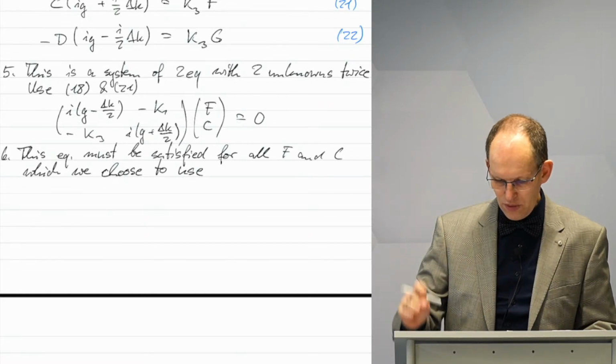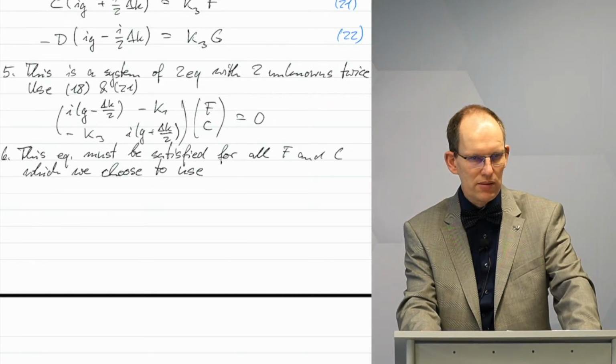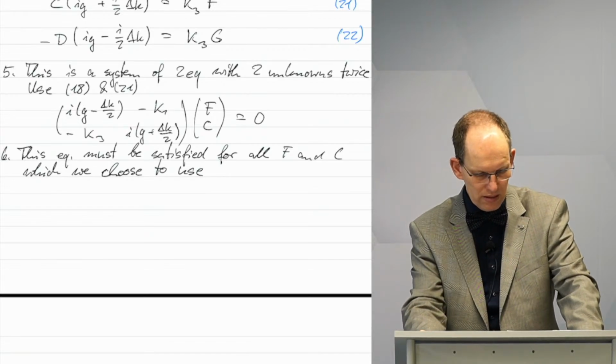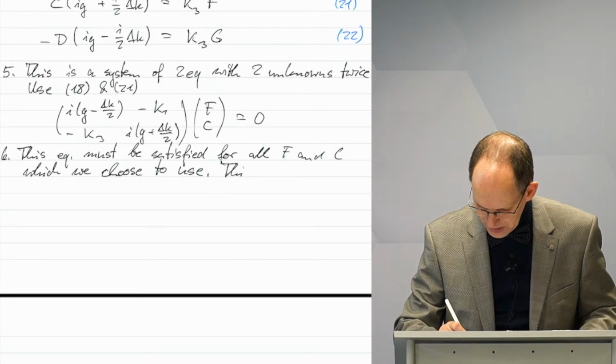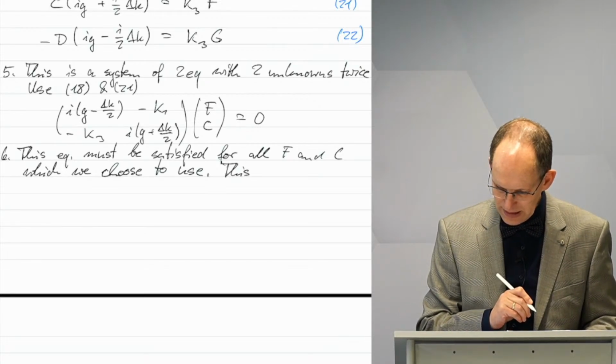Now, of course, it's fulfilled if f and c would be equal to 0. This would be the trivial solution. But it must hold for all f and c.